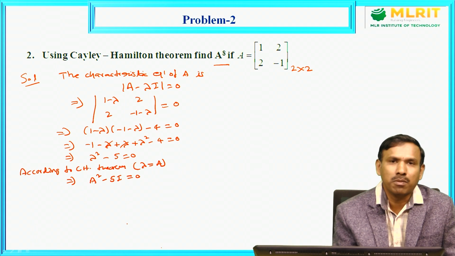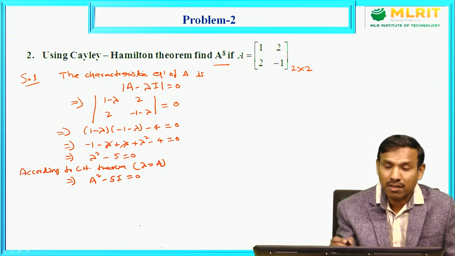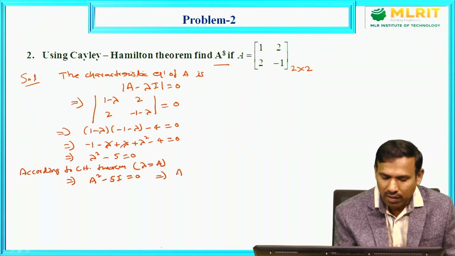So 5 is multiplied by I. He is asking to find A power 8, so I am separating A square from this equation. A square is 5I.